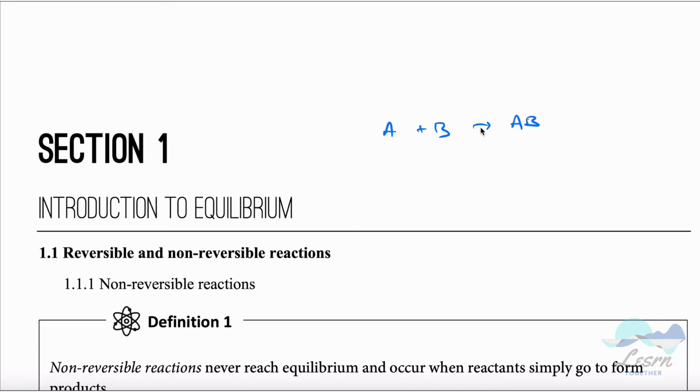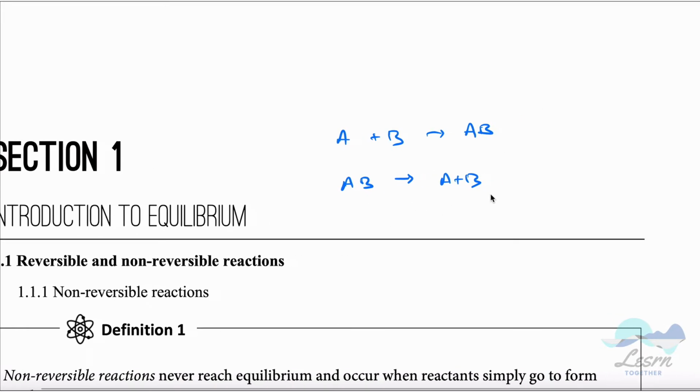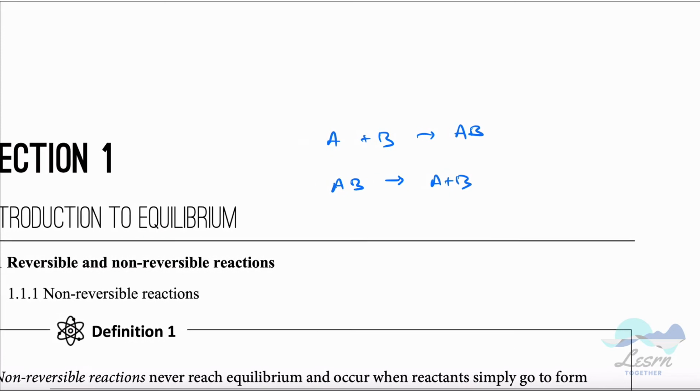But what can also happen, given the right conditions, is we can get AB breaking down to form A plus B, okay? Just as much as you can have A combining with B to form a new molecule AB, you can have this new molecule breaking down to form its individual elements. If we combine these two equations together, we get A plus B combining to form AB, but then also that product can break down to form its reactants again.